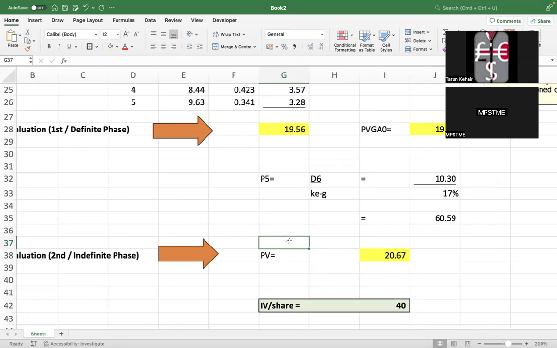Agar the share is trading at 32, it is undervalued and it will be the right time to pick up that share, because the share prices are expected to move higher, converge towards intrinsic value. So this particular capsule was only to give you some background and understanding as to how we can use the growing annuity and the Gordon's constant growth model to arrive at the intrinsic valuation of the security.